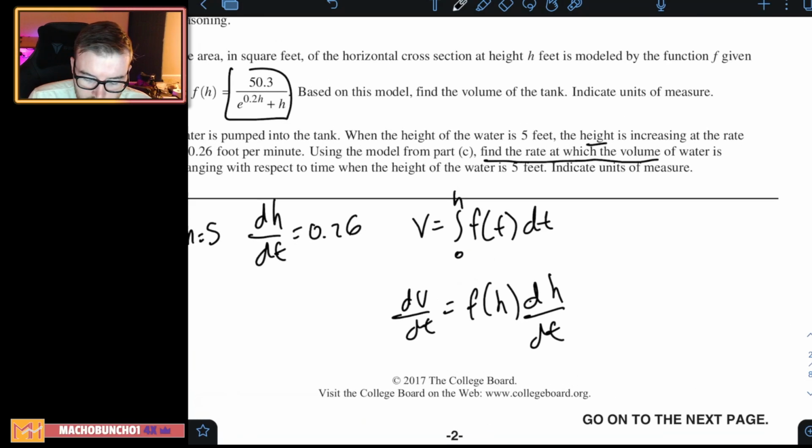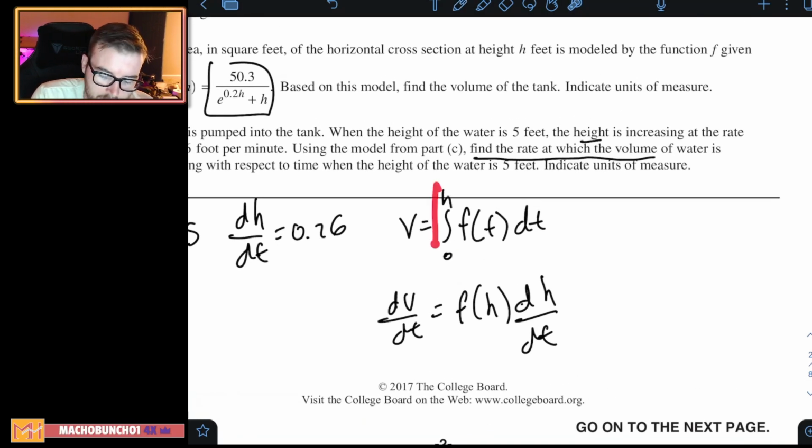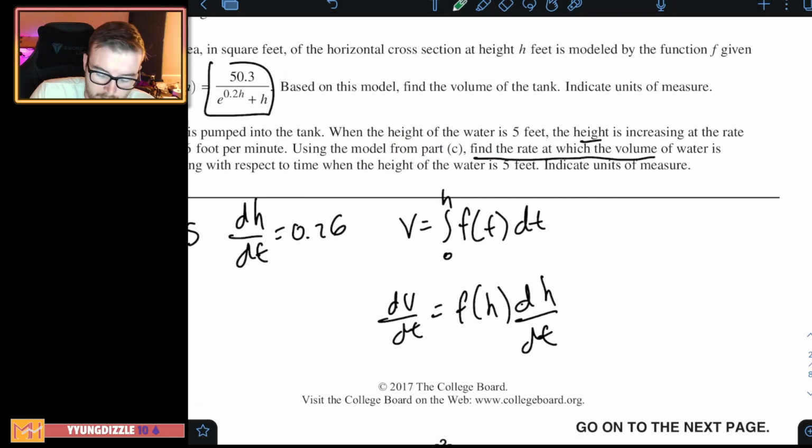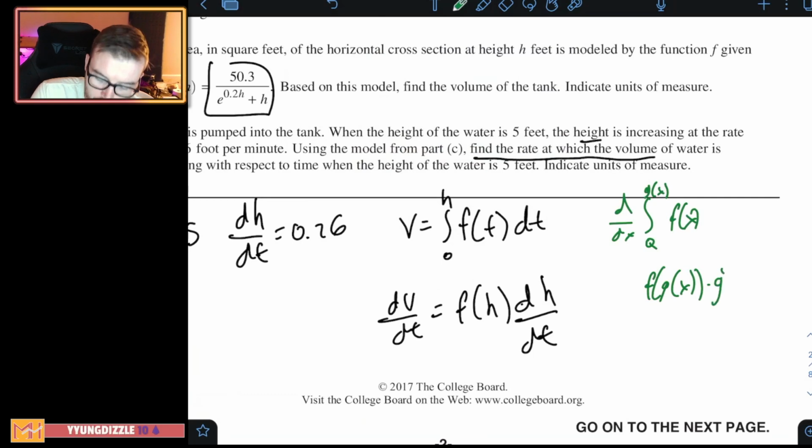Now, where did that just come from? I just derived this integral. I don't know if I end up saying it in period 6, but in period 1, I took a moment on the board and said, when you integrate something from a to g of x of f of x, the derivative of that is f of g of x times g prime of x, right?